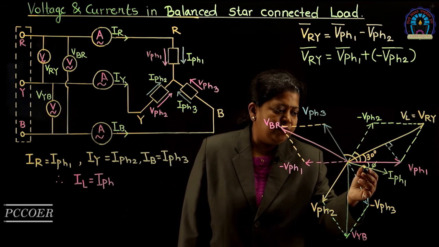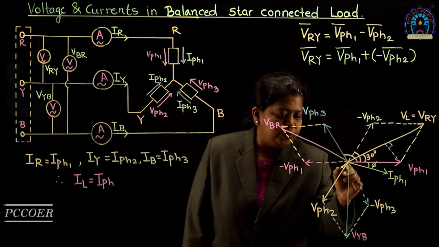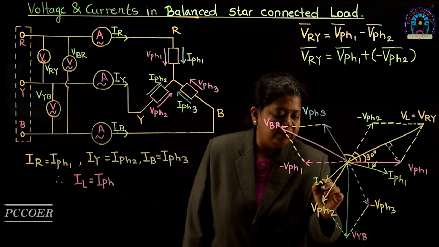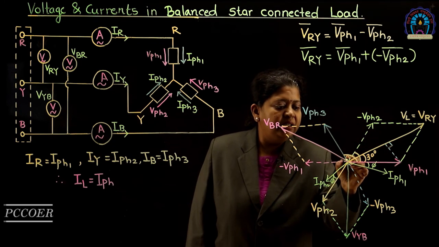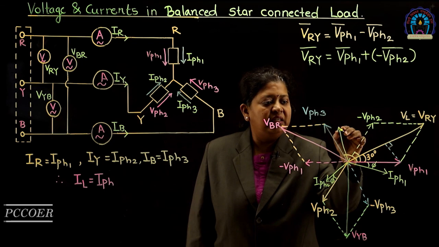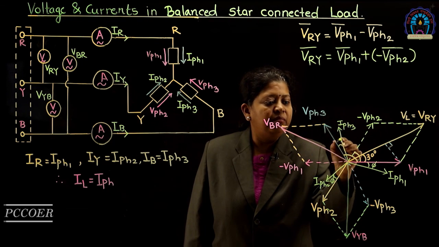Similarly, if we assume that the load has a lagging power factor, IPH2 can be drawn lagging behind VPH2 by an angle phi. Similarly, IPH3 will be drawn lagging behind VPH3 by an angle phi.